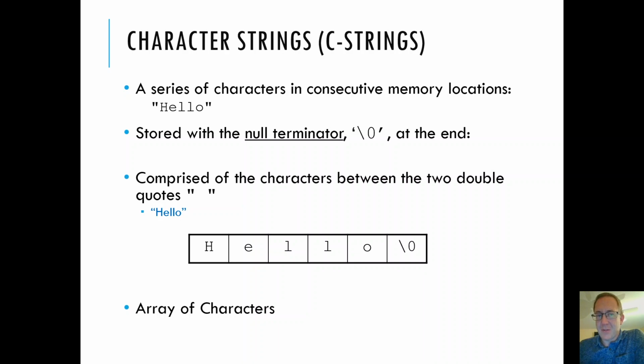Why do I know this? Because unbeknownst to you, the hidden secret ninja aspect of C strings is that there is a hidden null terminator at the end. It's completely invisible, you don't see it, but it's there. So my array looks like this, HELLO and a 0 in there. These are each characters. I have an array of size 6 with 6 different characters in there. And this 0 at the end is my null terminator.